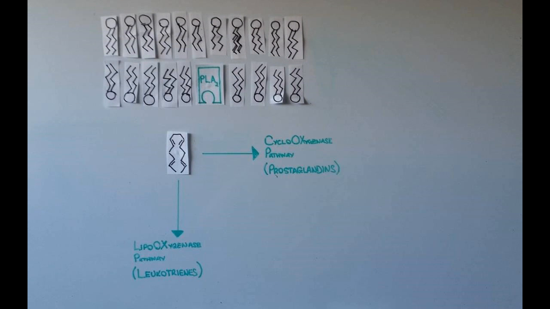Arachidonic acid can then be fed through two major pathways, producing leukotrienes through the lipoxygenase enzymes and prostaglandins through the cyclooxygenase pathway. While leukotrienes are important with tissue functionality, NSAIDs act on the cyclooxygenase enzymes, so we will be studying that pathway further.